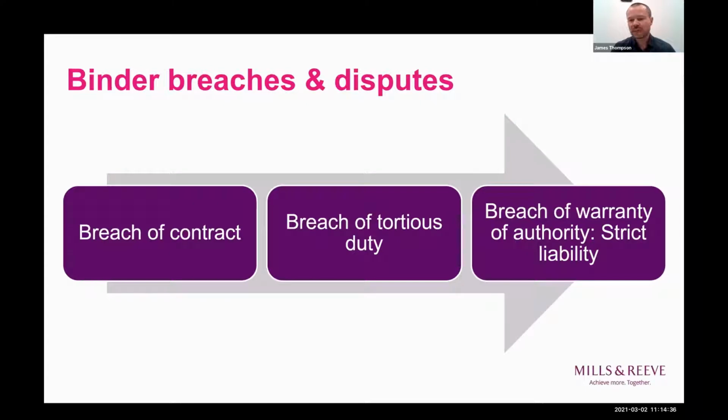You could also face a claim from a policyholder. Think about a policyholder who has been left uninsured as a result of the agent's actions. So a situation in which a policyholder believed that they were insured in respect of a particular risk, but that cover is now not available because the agent has breached its warranty of authority. And the important thing to flag about a breach of warranty of authority claim is that liability is strict.